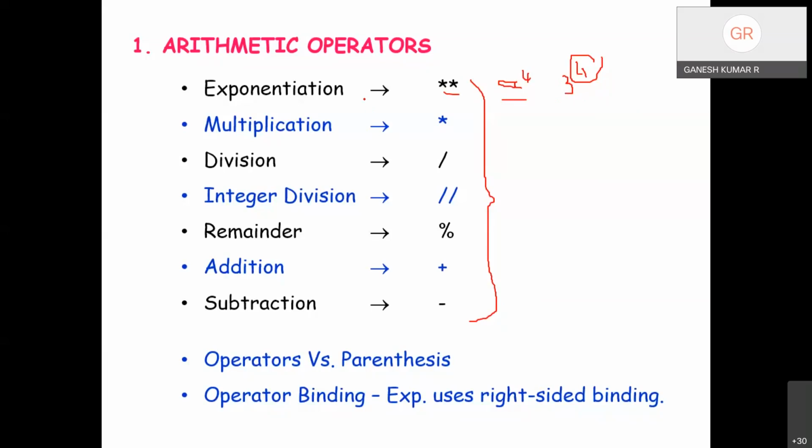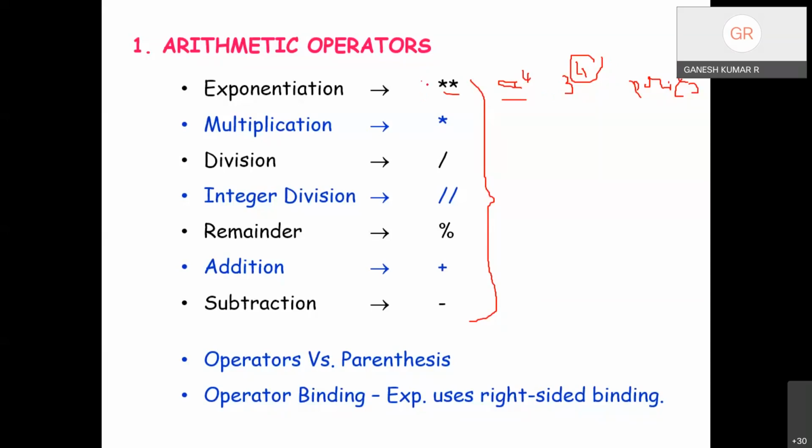In fact, C++ doesn't have a direct exponentiation operator. With the help of the pow function, we need to implement the power term. But in Python, we have an exponentiation operator represented by double asterisk. 3 power 4 is nothing but 3 double asterisk 4.